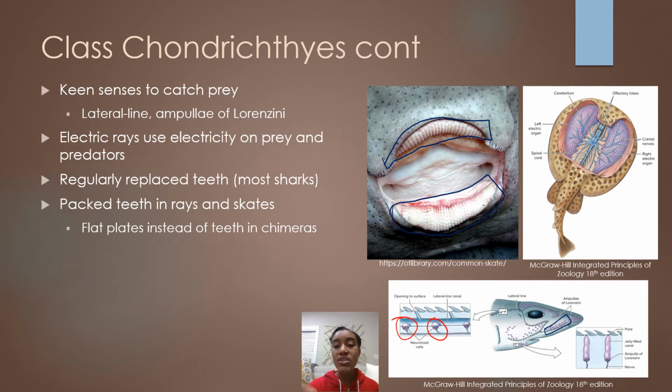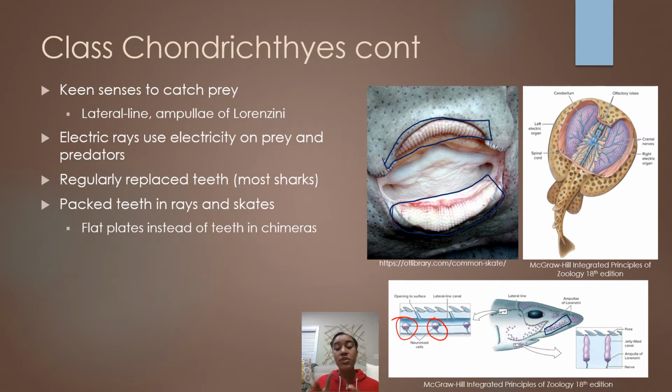They're clearly still teeth, but they're connected into a plate. And this is to help them because a lot of times these rays and skates are consuming invertebrates, which will have a chitin or shell. And so they need to have these plate-like mouth structures to crush their prey so they can get to the meaty insides. So that's what they're used for.